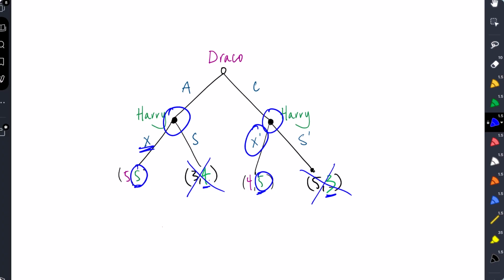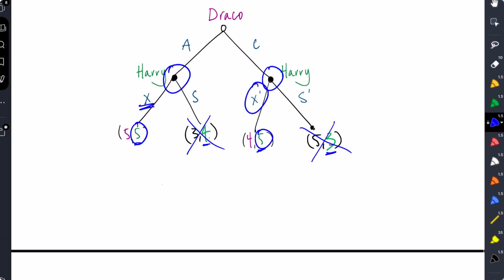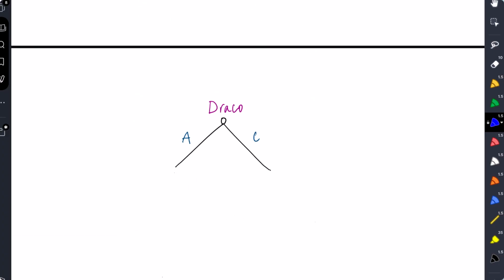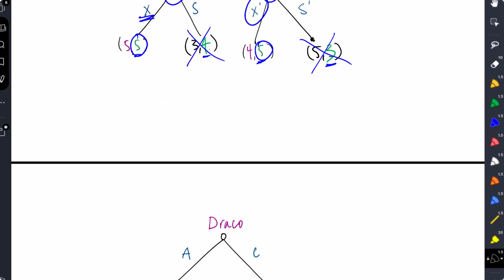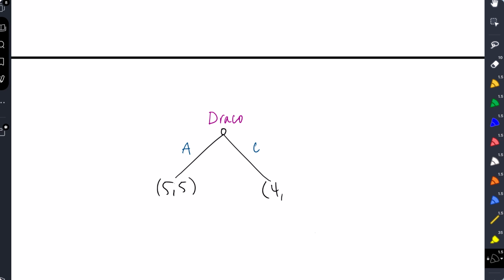So therefore, Draco's decision is essentially just this one. Okay, so Draco can end up with either 5 or 4. He's going to want the 5, so he'll play A to start the game.